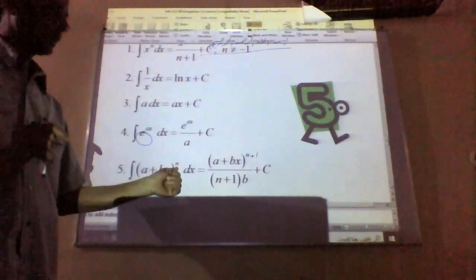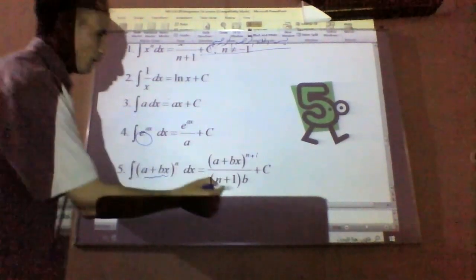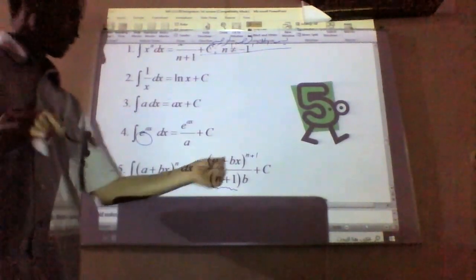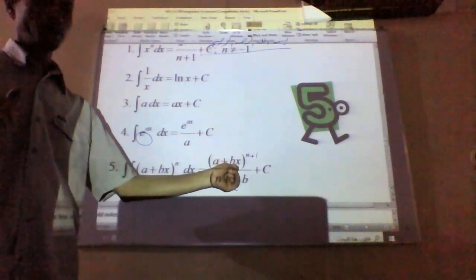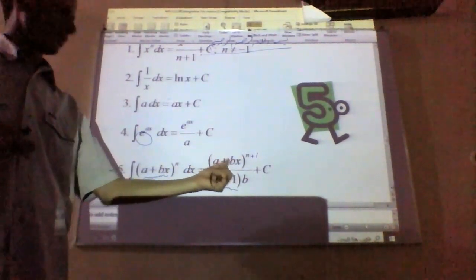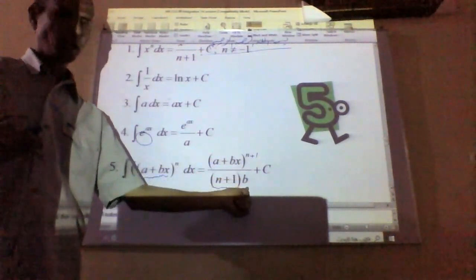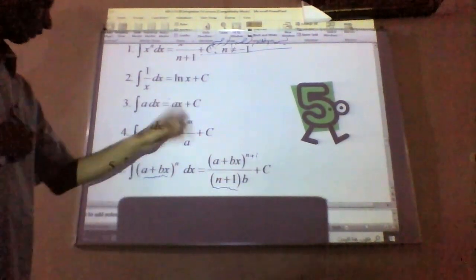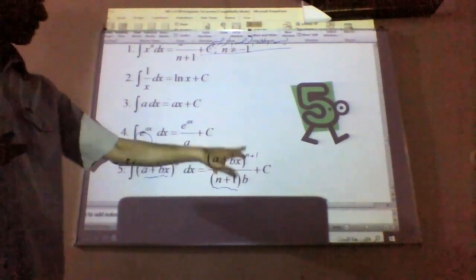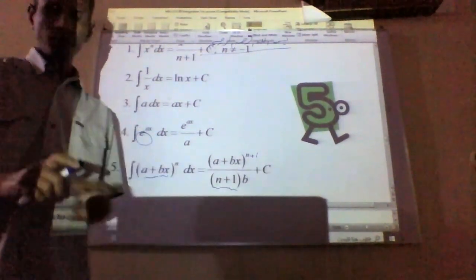Just add 1 to the power, divide by the new power, which is n plus 1, and also divide by the coefficient of x, which is b. This is the derivative of what is between the brackets. So the integration of a plus bx all to the power n will be a plus bx to the power n plus 1, divided by n plus 1 times b, plus the constant.